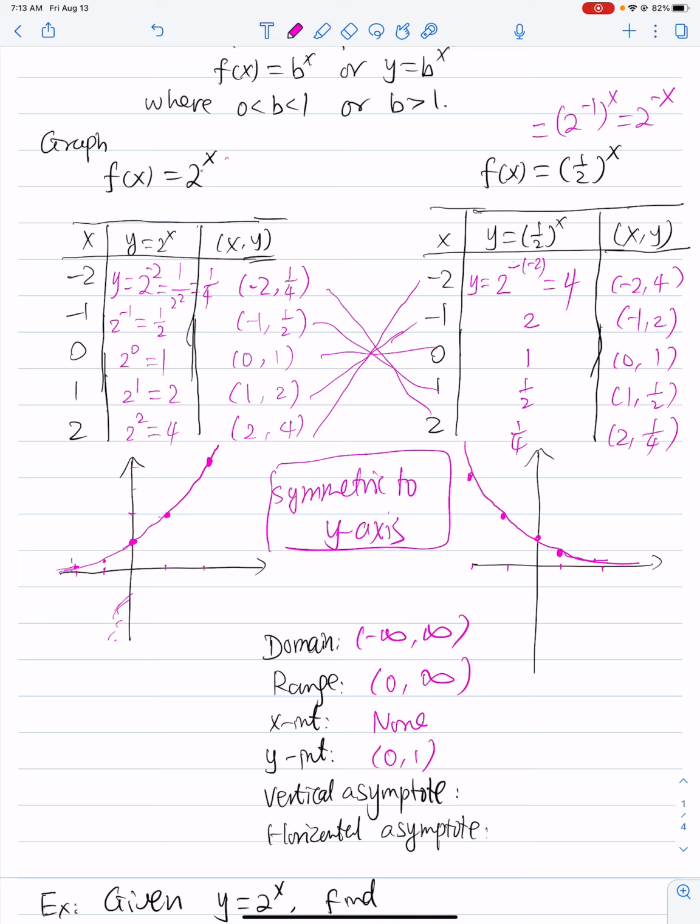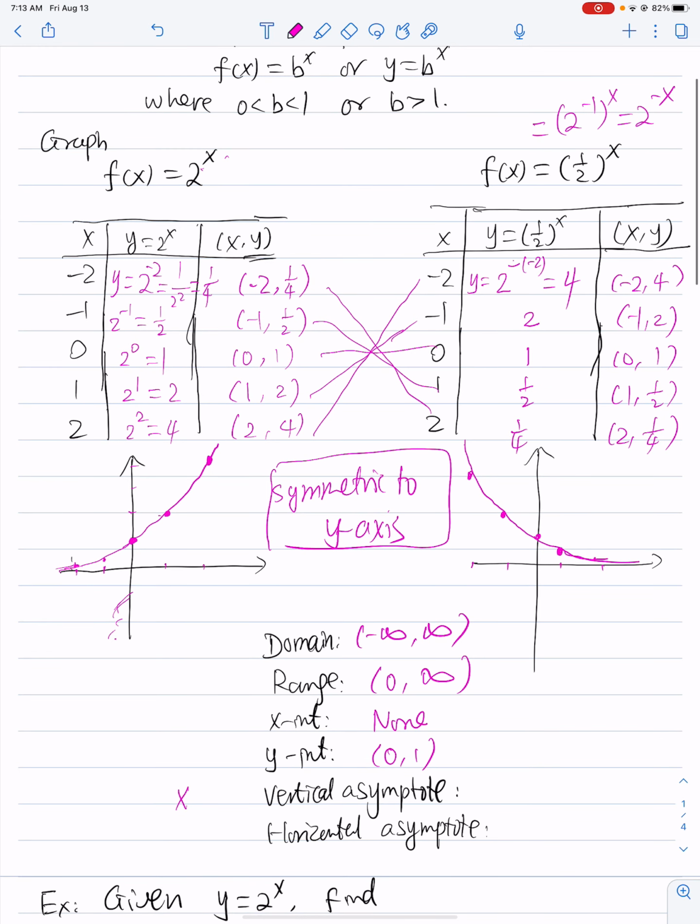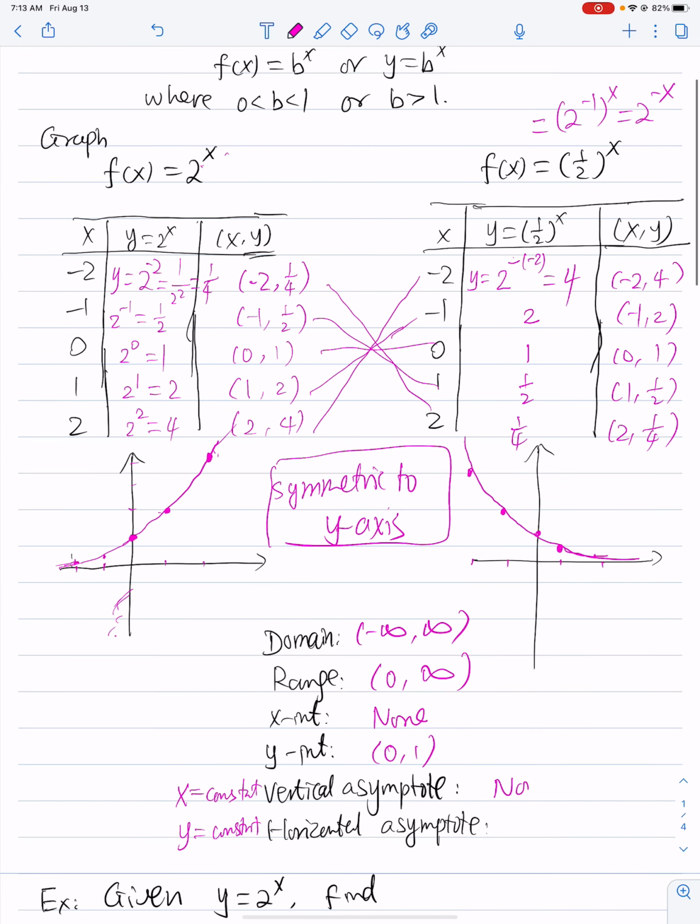Vertical asymptote, do we have one? A vertical asymptote is x equal to a constant, horizontal is y equal to a constant. Do we have a vertical line that it will approach but never cross? No. Do we have a horizontal one? Yes. When x goes to negative infinity, it approaches y equal to 0 but never crosses.